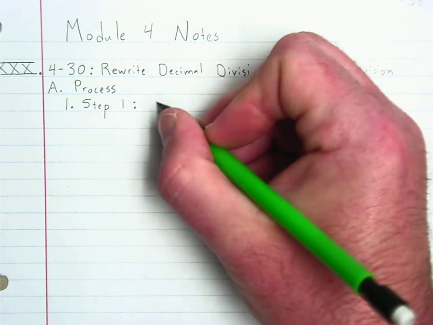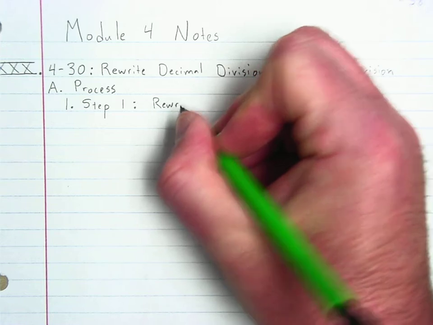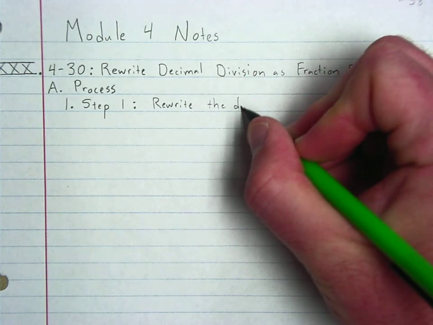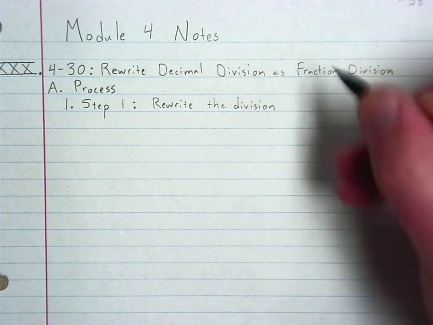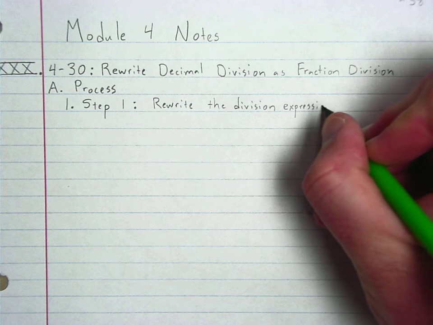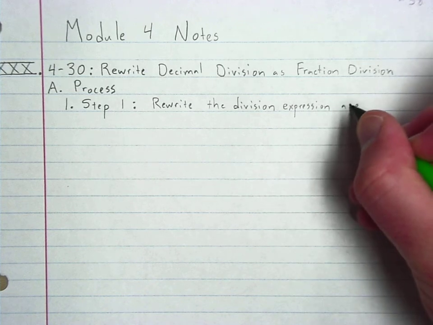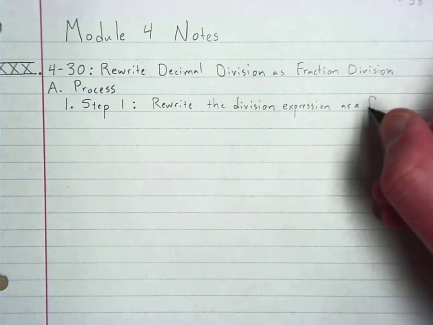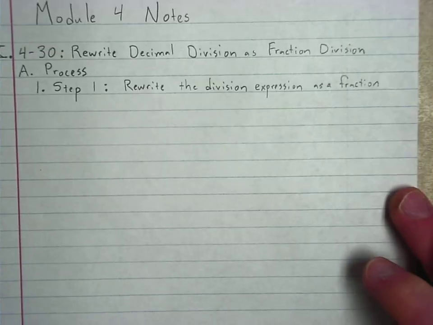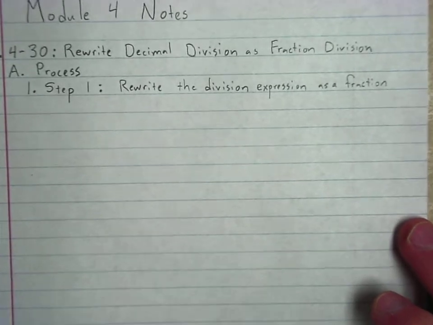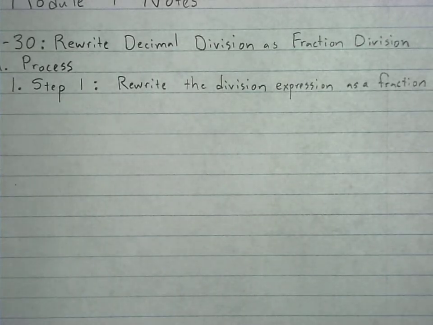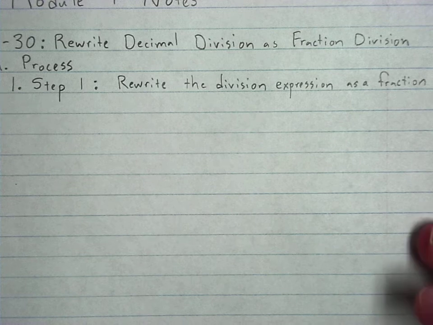For step 1, rewrite the division expression as a fraction. Now, we've talked about how fractions are just another way to show division. So we're not changing anything by doing this. We're just making it look a little different.